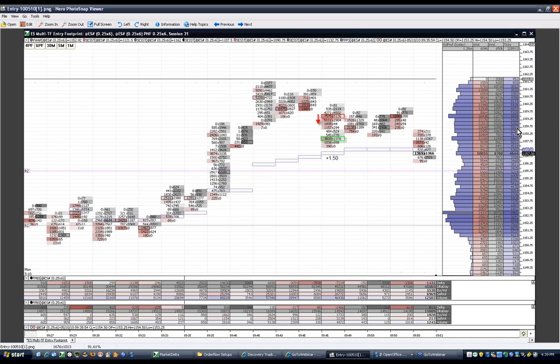Suffice it to say that we're using the price statistics in the same way that we would with the dome and the tape, gauging the speed and the quality of the prints when you're coming into an area. What we want to see is a change from larger order sizes into smaller ones, and for a certain setup that we call the trap setup, we want to see things really start to slow down, and that's what we're going to use that stuff for.